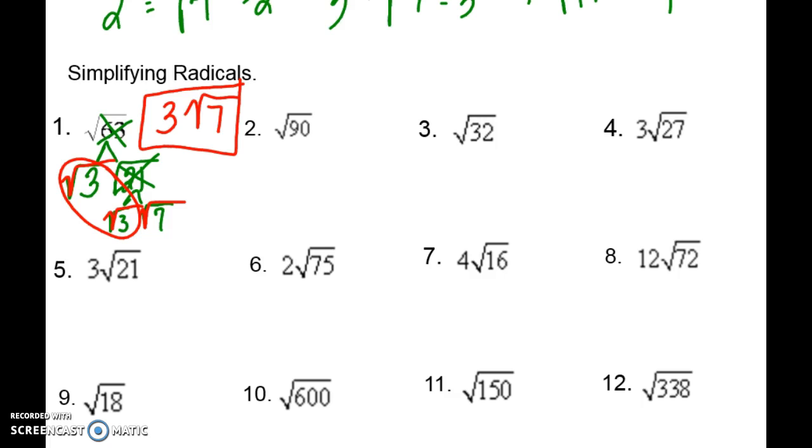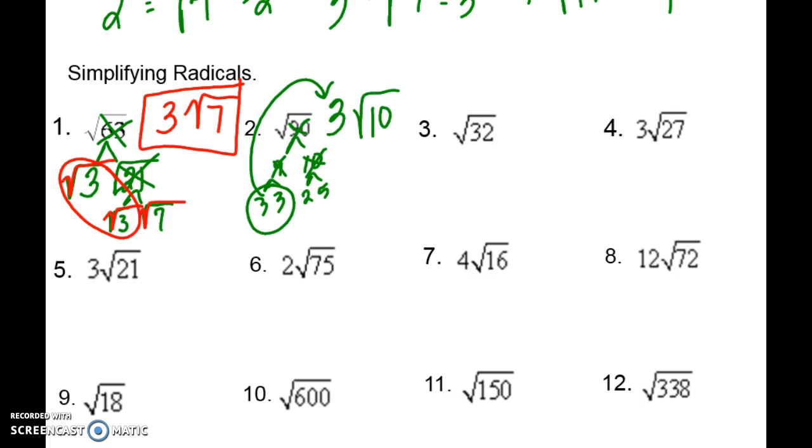I want you to try number 2 and number 3. Number 32. How'd you break 32 down? 2 and 16. Can you break 16 down? To what? 4 and 4? Okay, now hold on. Right here is where I can stop.